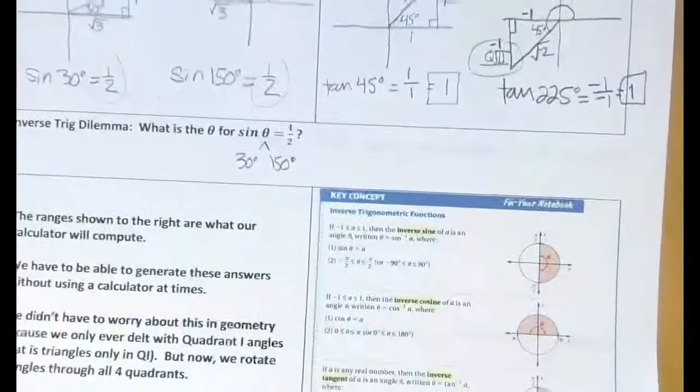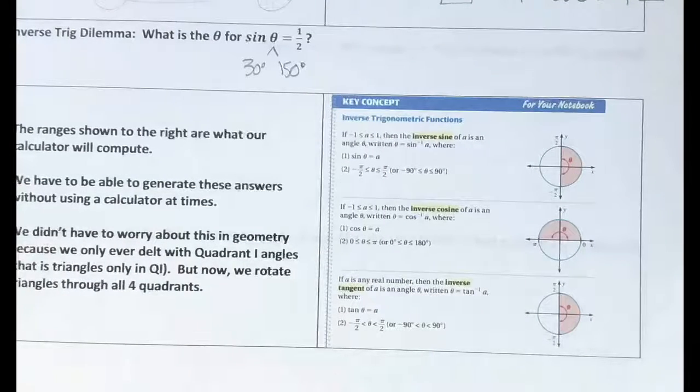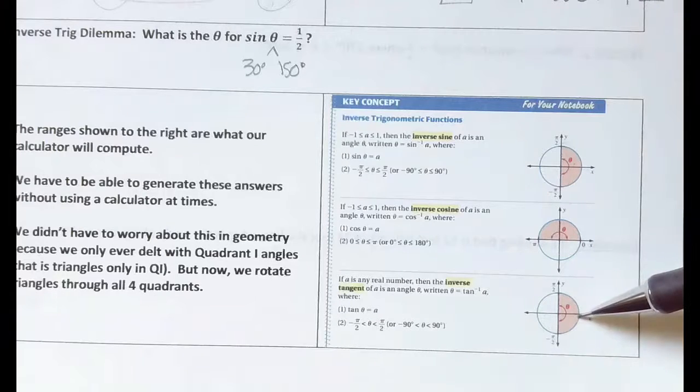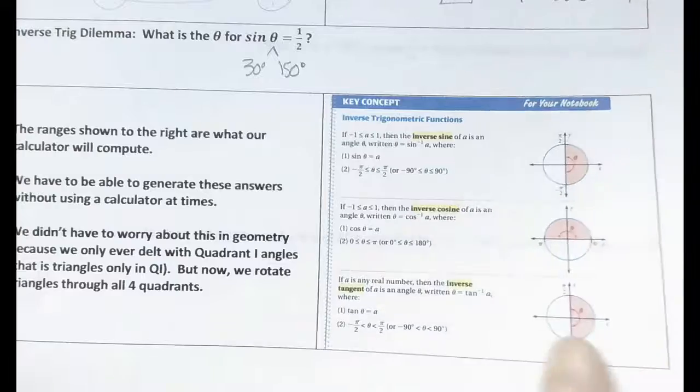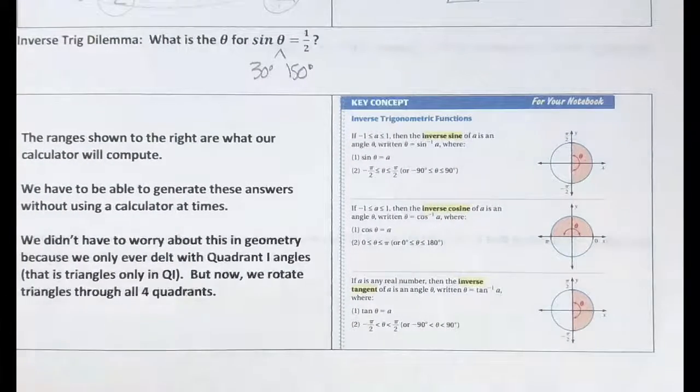So now we have to introduce restrictions on our inverse trig functions. I copied them out of the book and they're kind of micro-sized so they'd fit on the front page. We're going to follow these, and they tell us which angle to give.